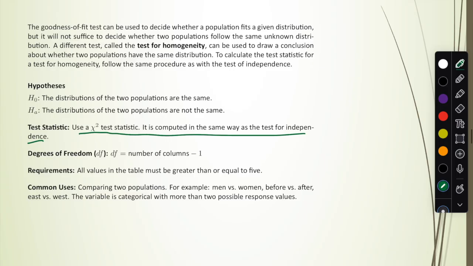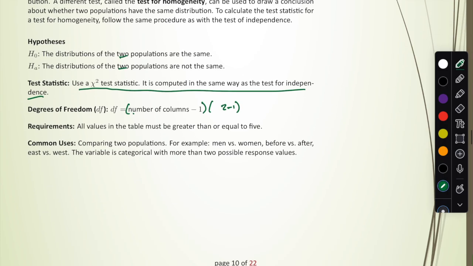The degrees of freedom, though, is... well, if you only have two populations, then you're just going to have the number of columns minus 1, and that's because the number of rows is going to equal 2, and 2 minus 1 is 1. And then again, all values in the table must be greater than or equal to 5.